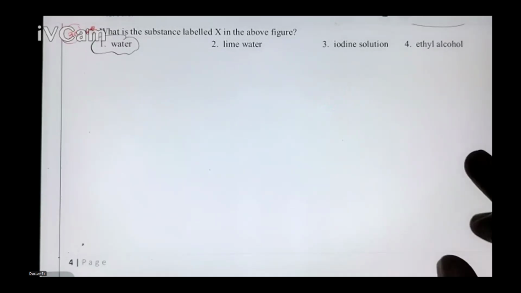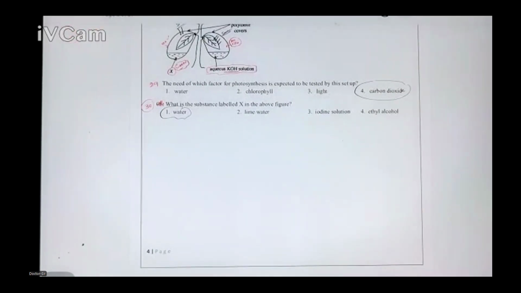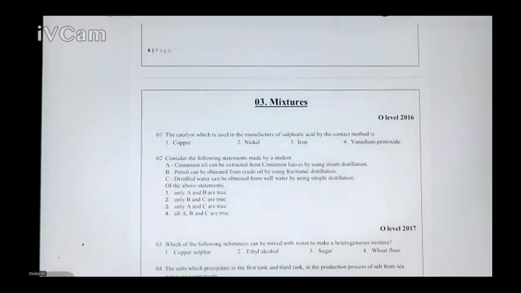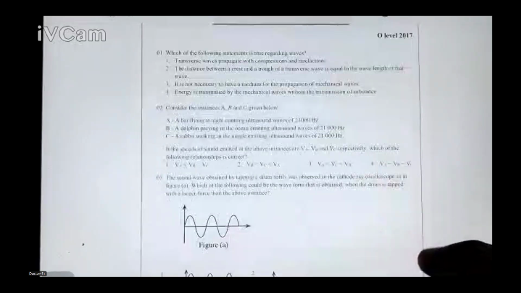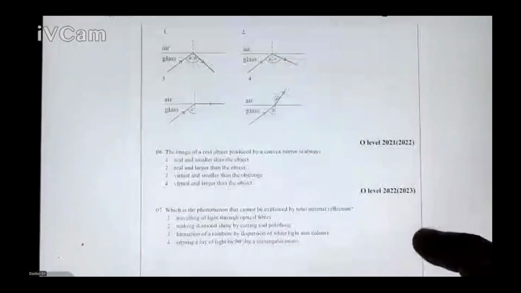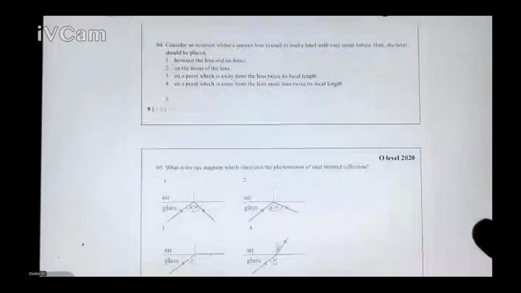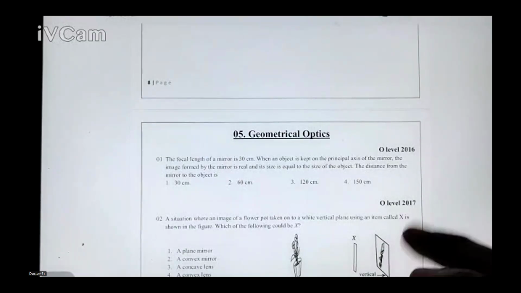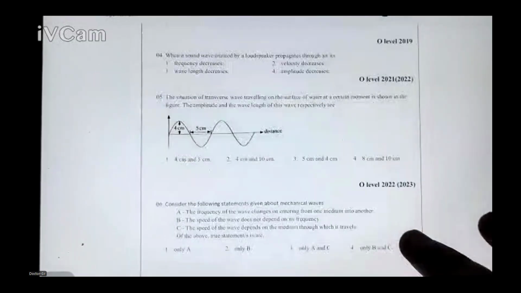So then what lesson do you need? I have mixtures. Shall we go through mixtures, or shall we go through the waves, or geometrical optics? Which lesson do you need now?